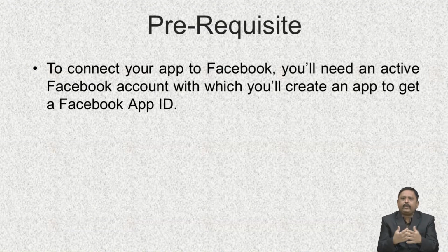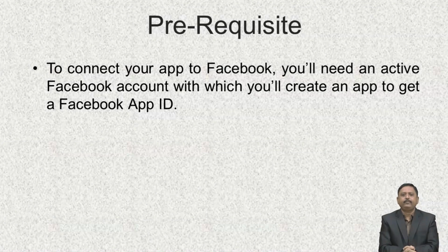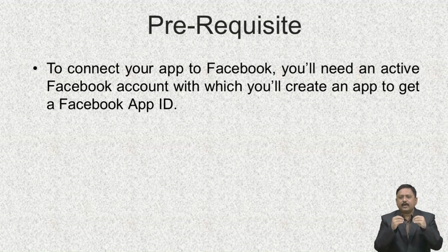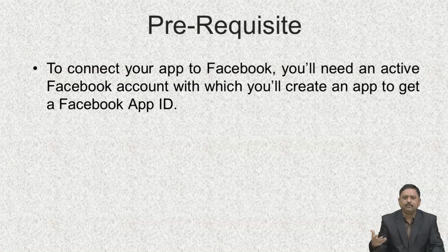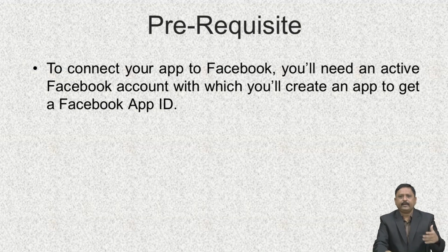To connect your app to Facebook, you will need an active Facebook account with which you will create an app to get a Facebook app ID. So remember, you must have a valid Facebook account to which you can connect as a developer.